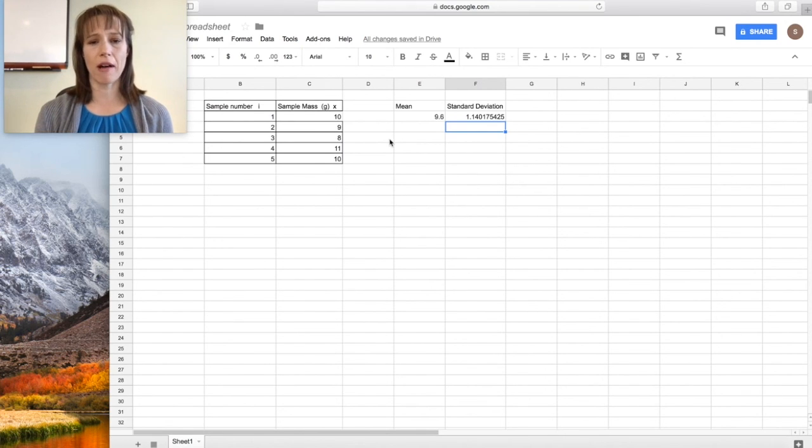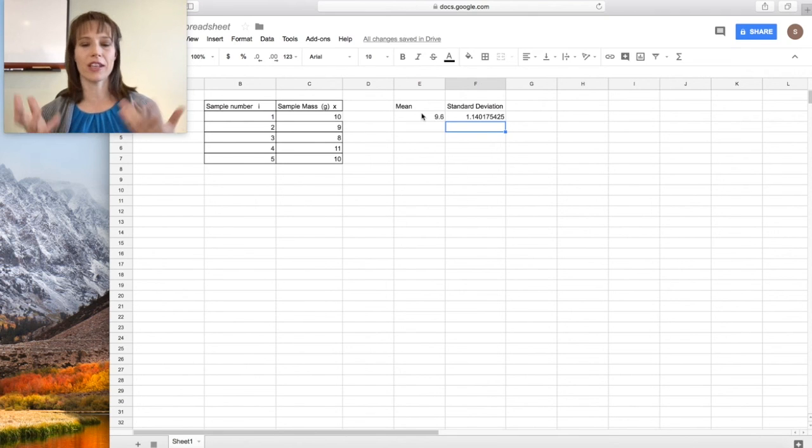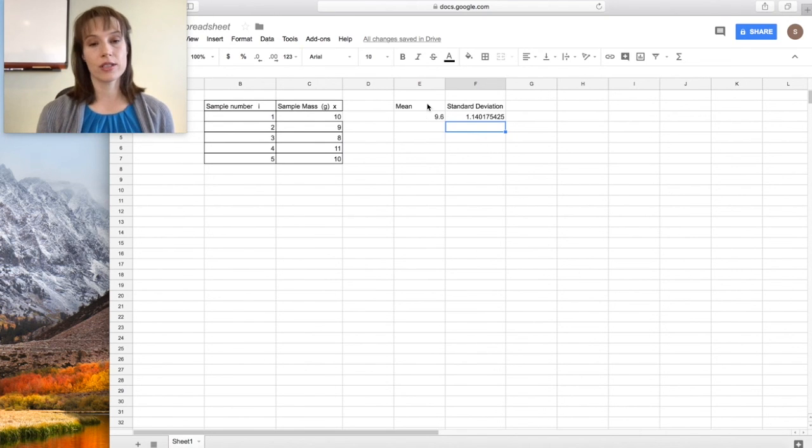So this is how we can use a table for presenting our data from the lab, and use the spreadsheet itself to do the calculations and then understand what this means. So I've gone over the equations for the mean and standard deviation and told you what that all means. They were really crazy looking equations, but they actually are not that confusing when you figure out what all of that notation means. And then here we just add everything into a spreadsheet for our lab report.